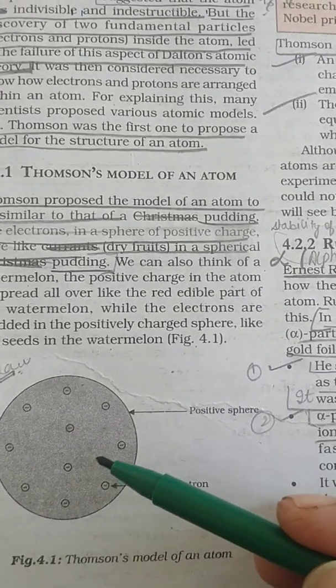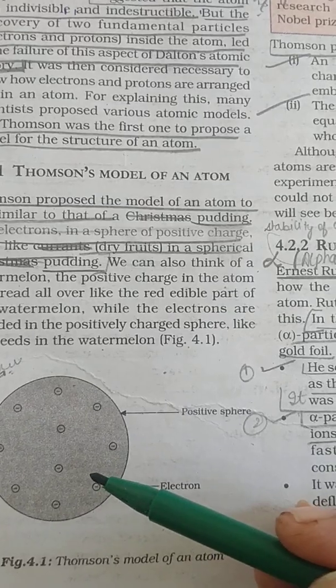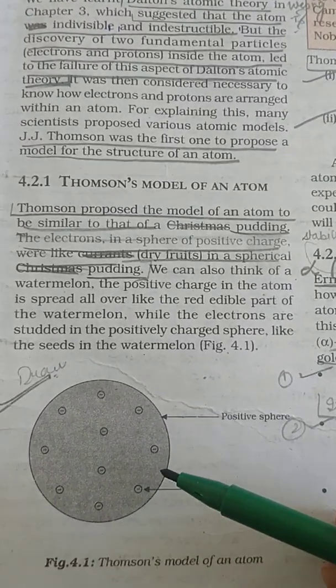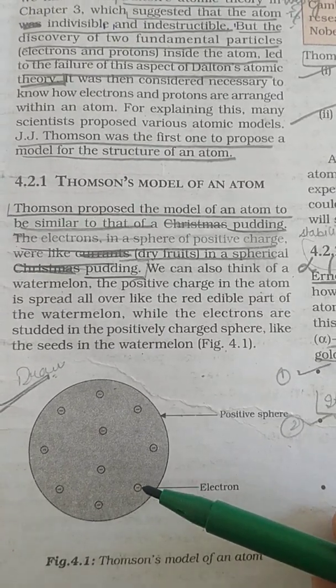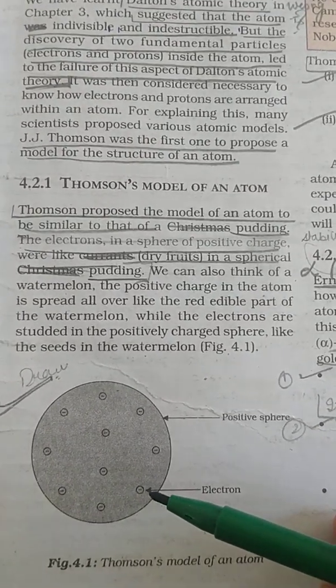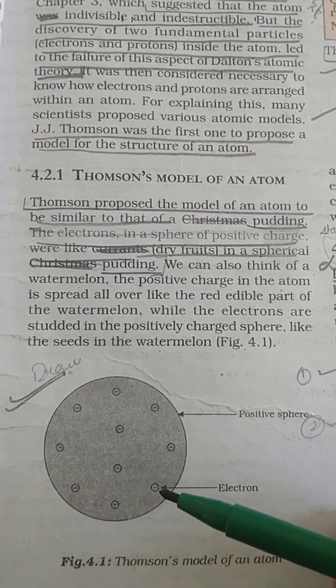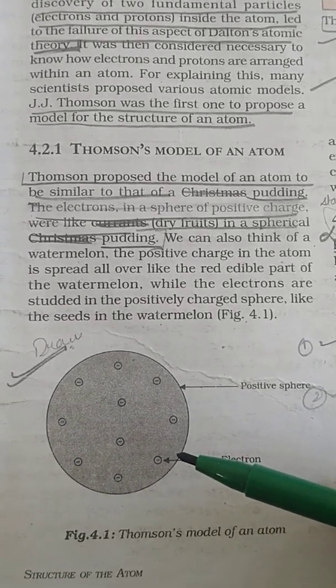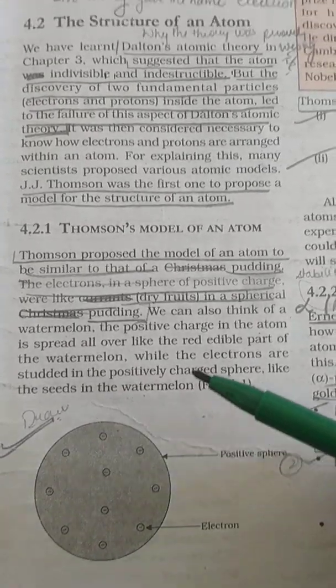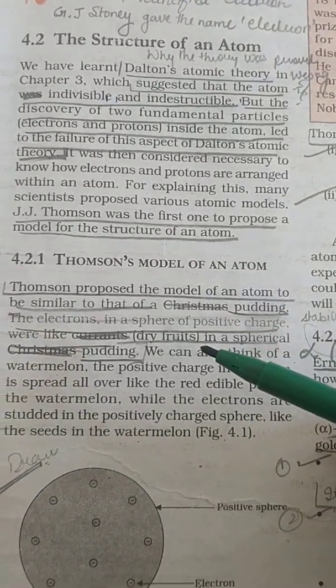Then he said the magnitude is equal. They are electrically neutral. But when you see the model, he was not able to explain the stability of an atom, how the atoms become electrically neutral. That was its drawback. Students, this is Thomson's model.